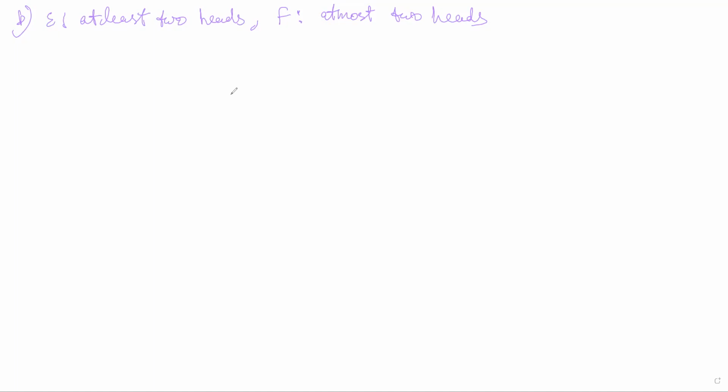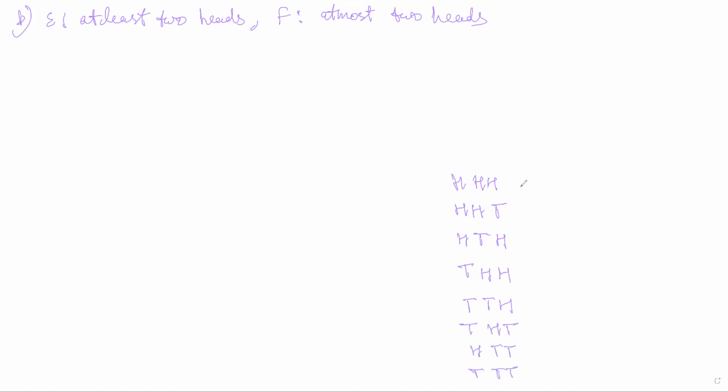At least 2 heads. So we have either HHH, HHT, then again HTH, and THH. My bad. Then these are 4, and then TTH, THT, HTT, then TTT.